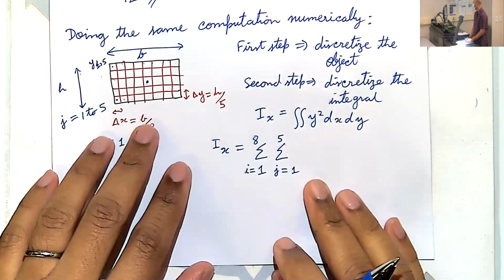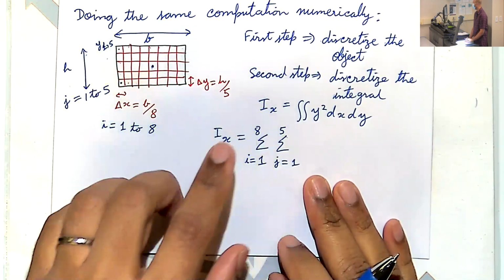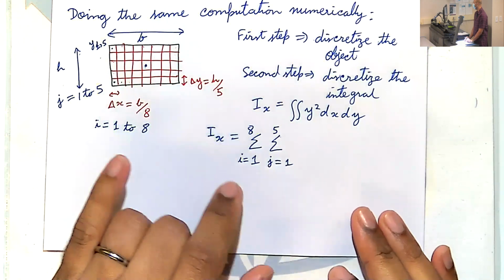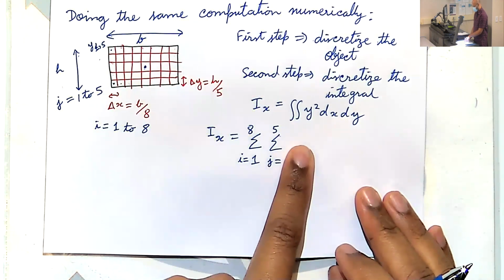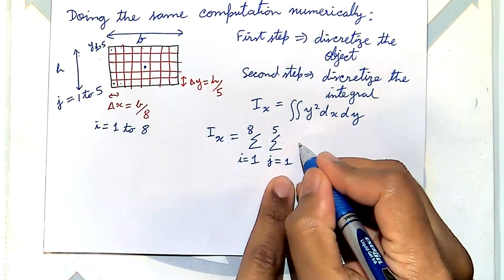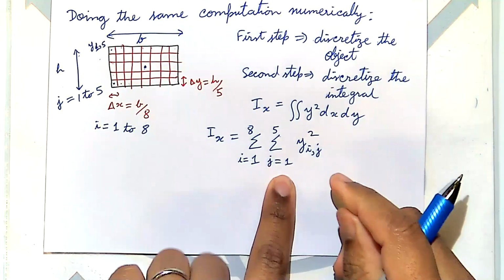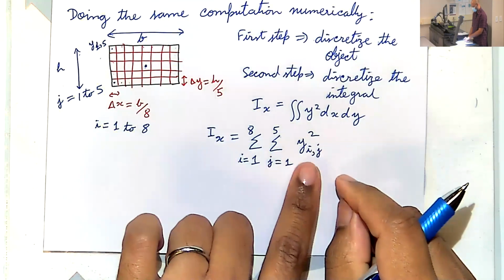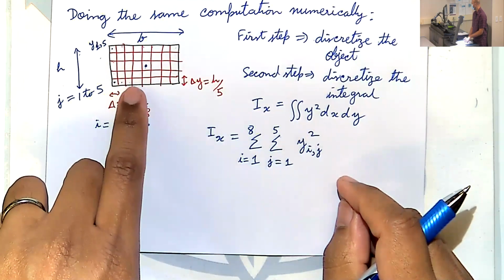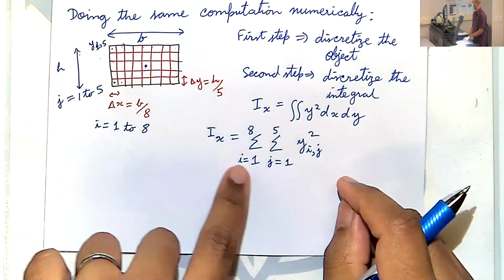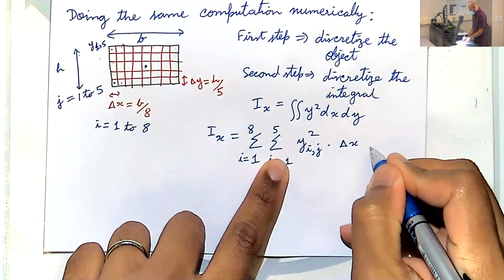So for any arbitrary box in here, what would you say? y what comma what? That's what you put in here. yij. Does that make sense? So basically, we have to compute y in each of the i comma j's. The ij values are given here. And dx becomes delta x, dy becomes delta y.